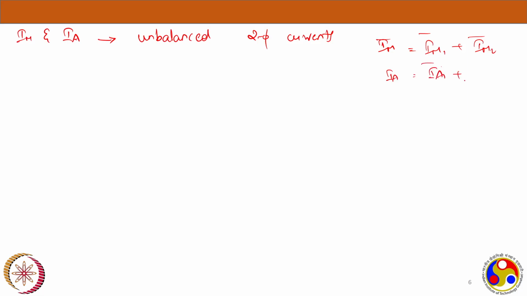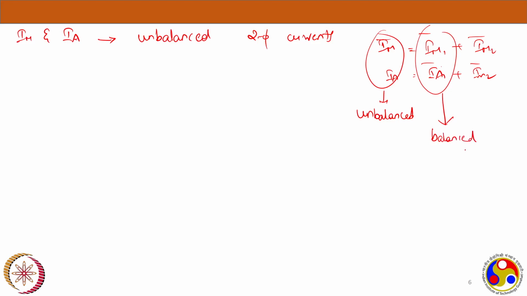Now these are unbalanced, and these IM1 and IA1 are balanced two-phase positive sequence currents.